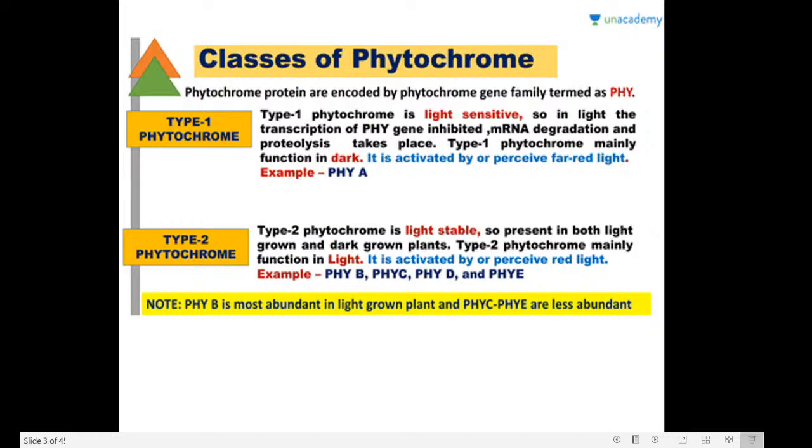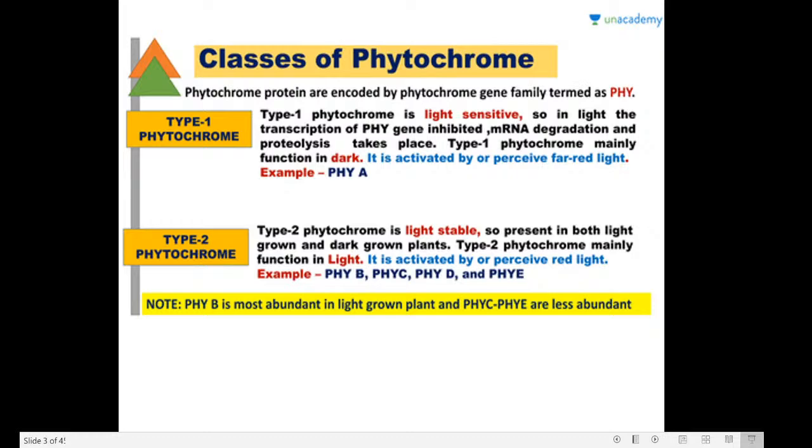That condition is called photomorphogenesis. This kind of light-based activation is called the sensory effect. The plant senses the light, and due to the light sensing it activates some pathways. So that is called the sensory effect of plants.